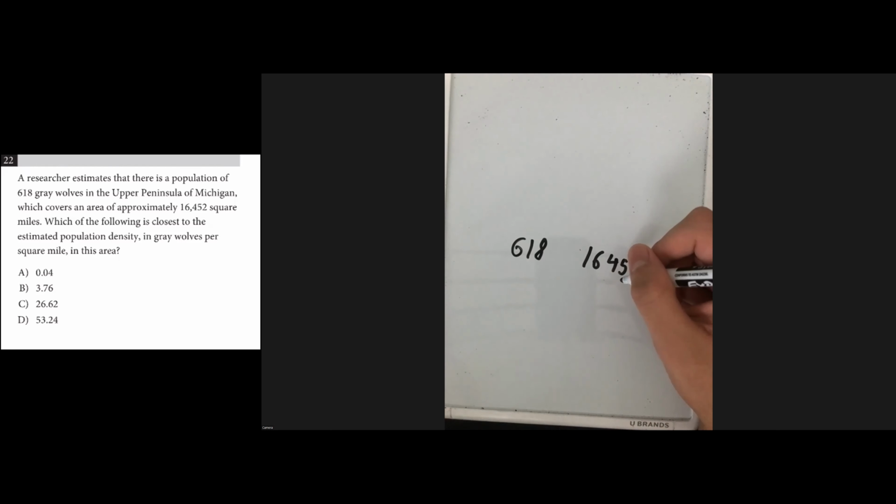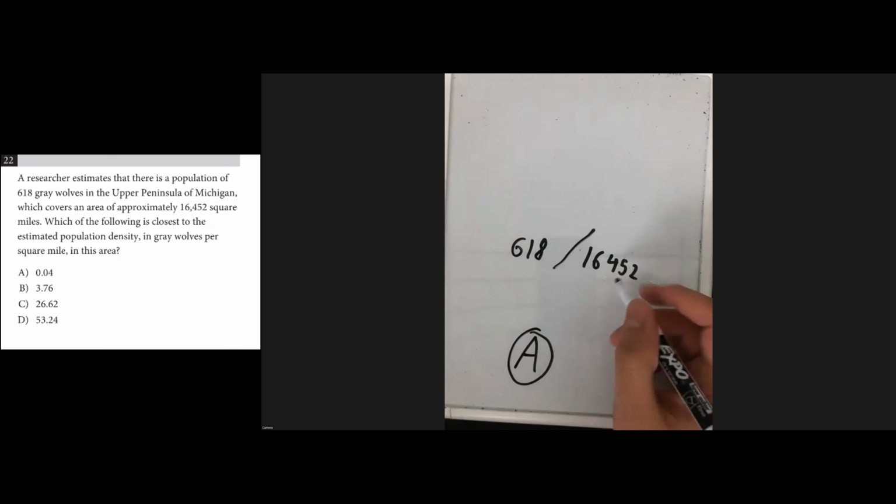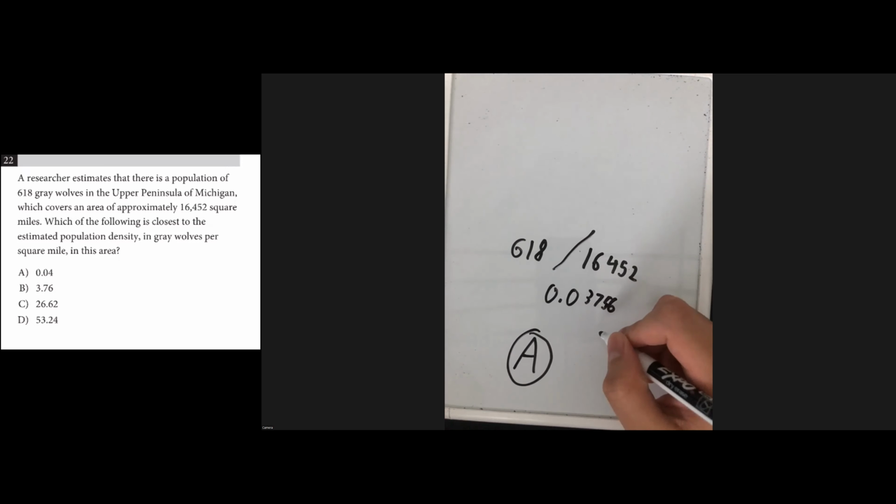Well, if it's gray wolves per square mile, then it'd be 618 over this number, which would be less than 1, so the answer choice would be A. But we can also put it in our calculator and see that 618 over this number gets us 0.03756, which rounds to 0.04. So the answer is still A.